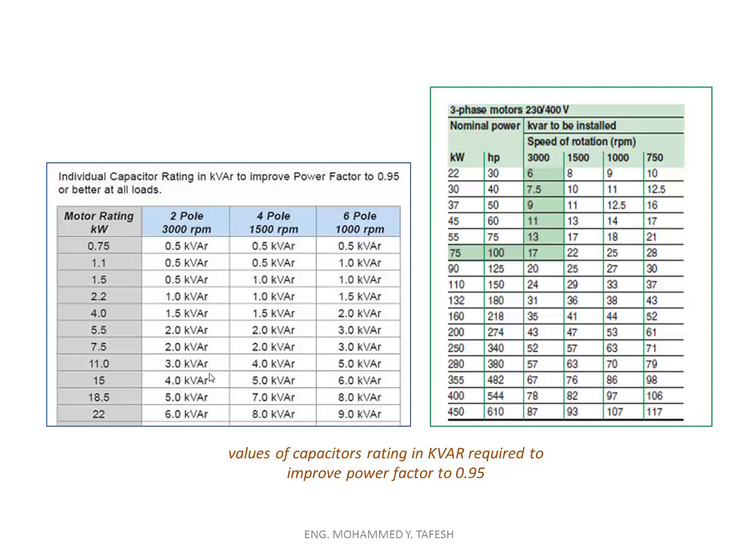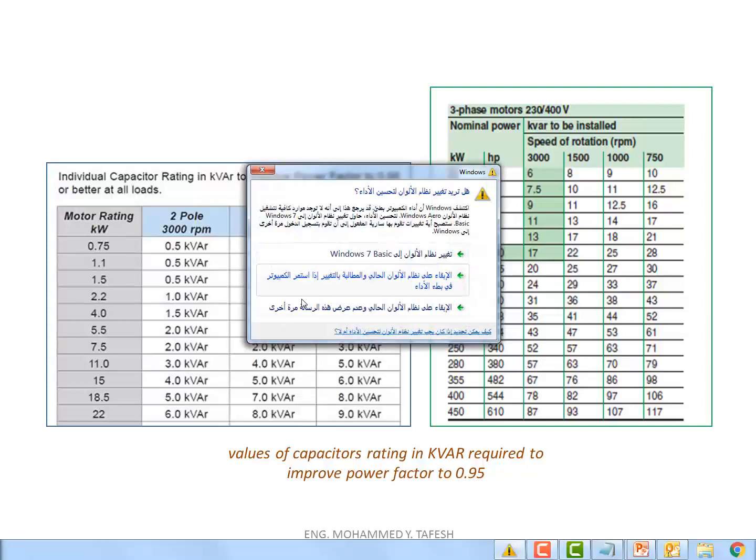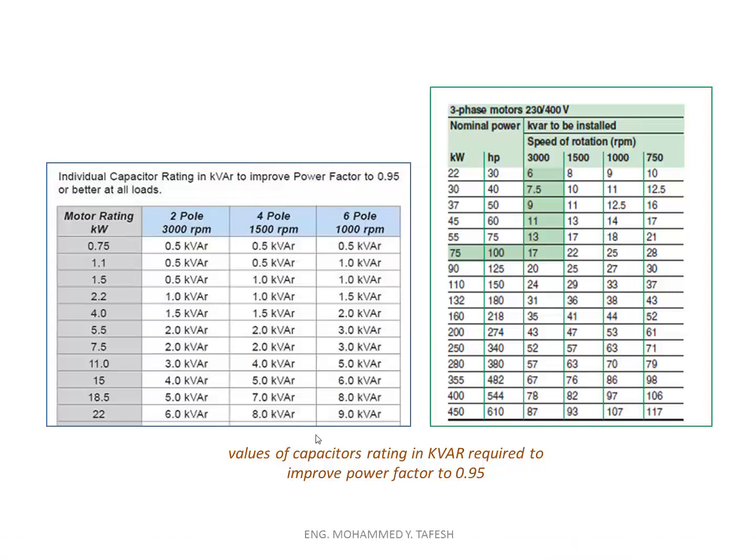Then you must connect a capacitor of 4 kVAR with the motor. This table is easy, instead of calculation in each case. You can pick up here the power capacitor for every individual rating of any motor.